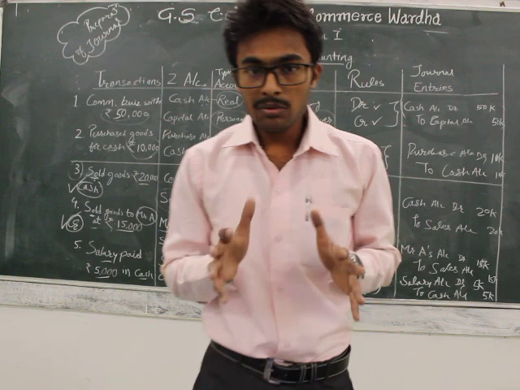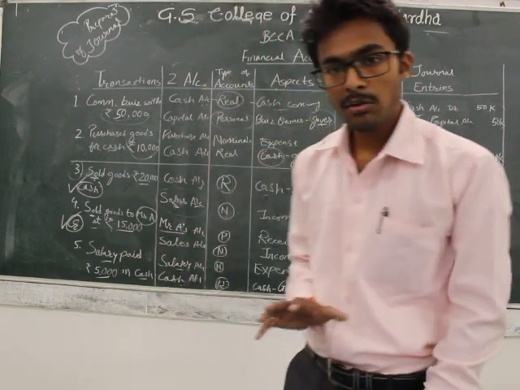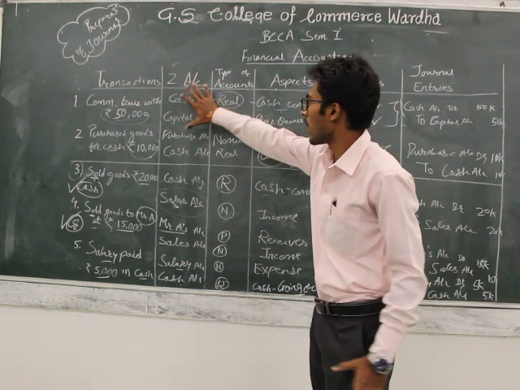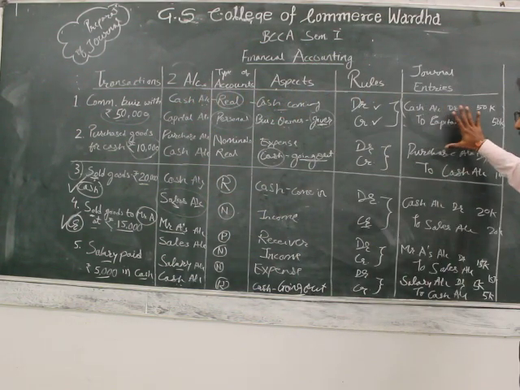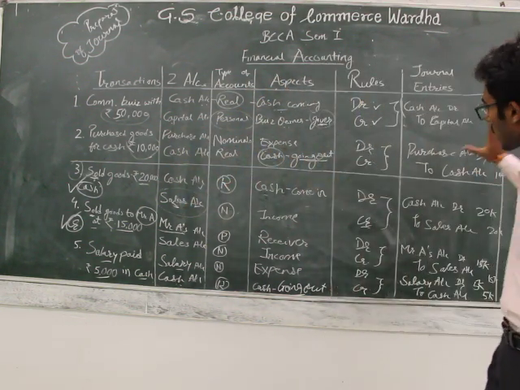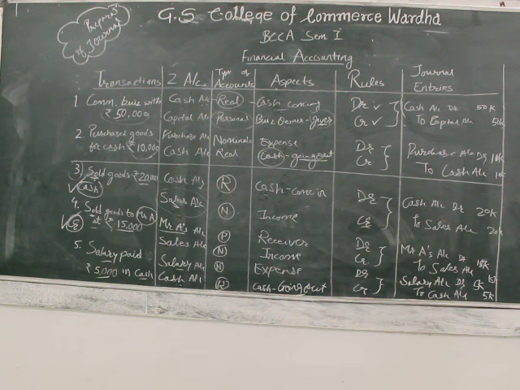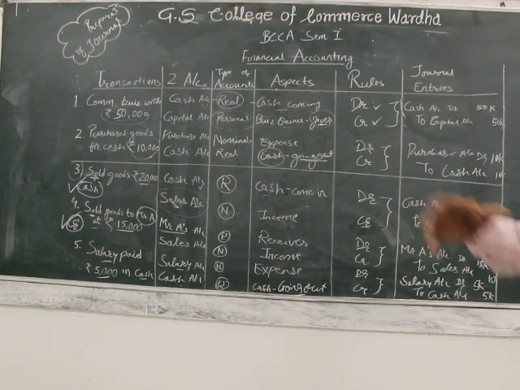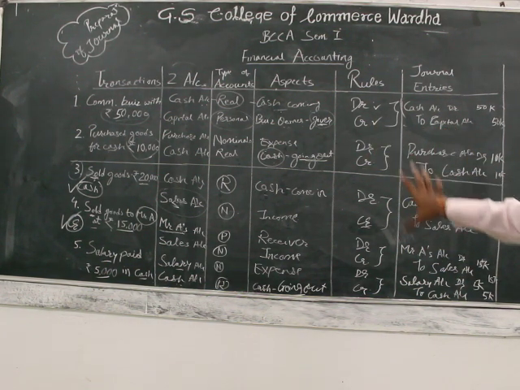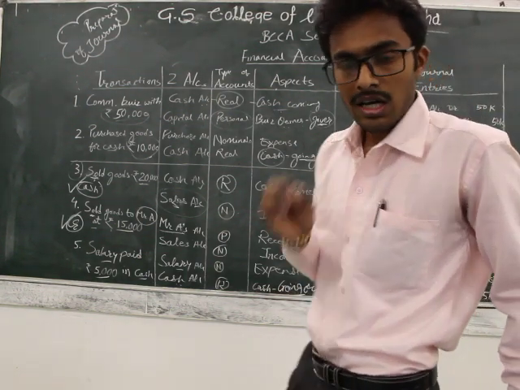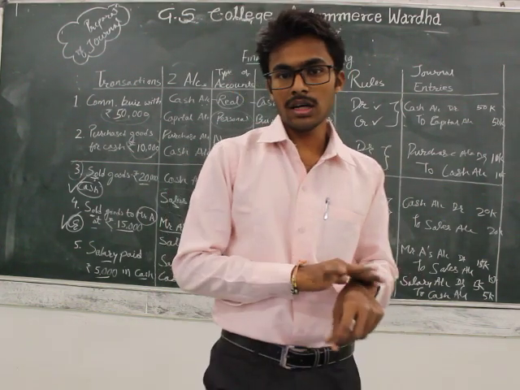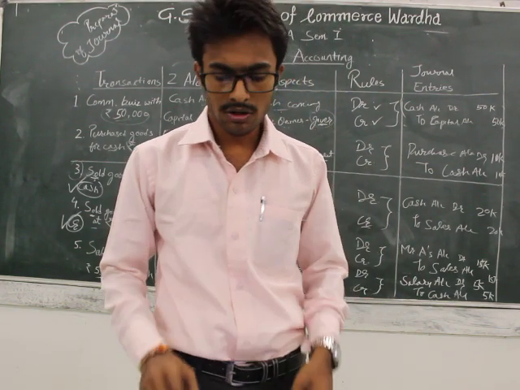The assignment will be questions like this only, where you have to bifurcate all kinds of columns and solve all transactions in this way. You can take a screenshot of this, and exactly like this you have to write in your assignment. Okay, no copies are allowed. You cannot take your friend's assignment and simply copy.